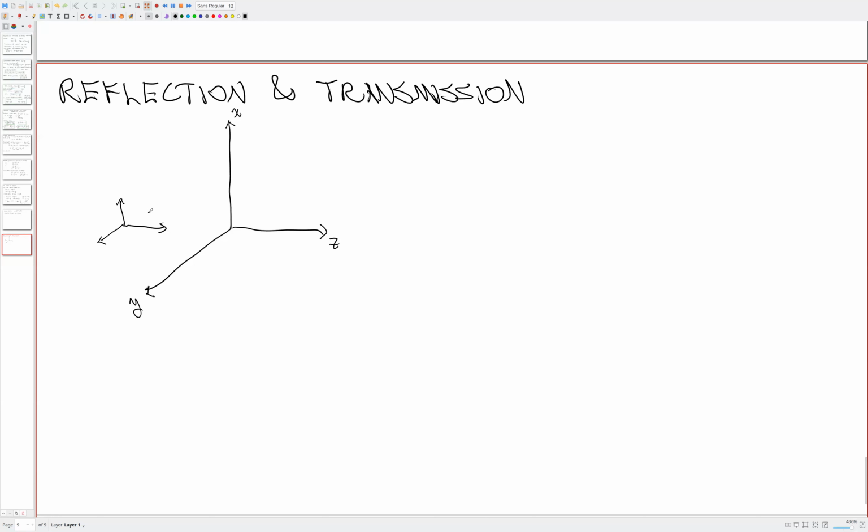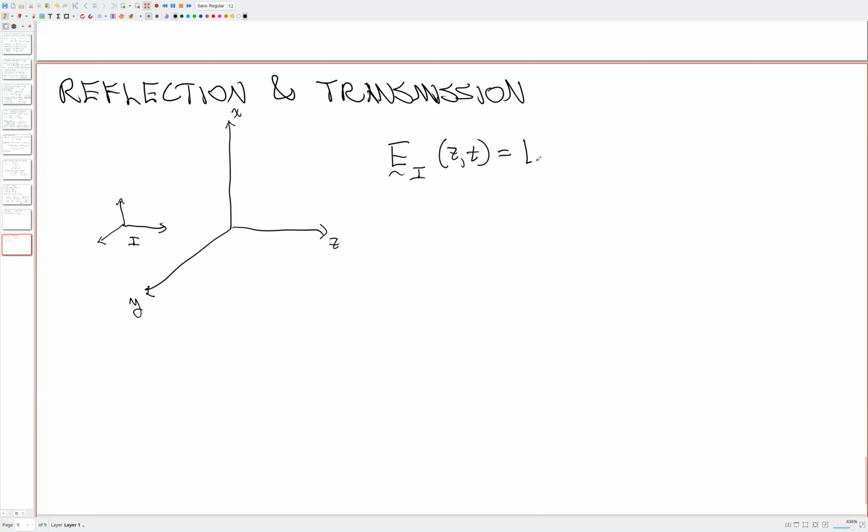So there's going to be an incident wave like this, and so I will use straight the form that we had in vacuum for a monochromatic plane wave, now propagating in the z direction as a function of time, and polarized along the x-axis.